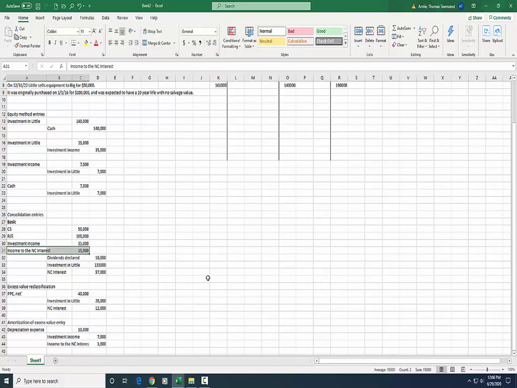That $15,000 is a deduction on the consolidated income statement. It's an allocation away to these other people. What we're doing here is we're saying, look, Little's reported earnings were too high, which means we allocated too much of that to the non-controlling shareholders. And so basically this represents, in a sense, a removal of part of that allocation, just as this entry here represented a removal of part of the investment income that we had recorded.